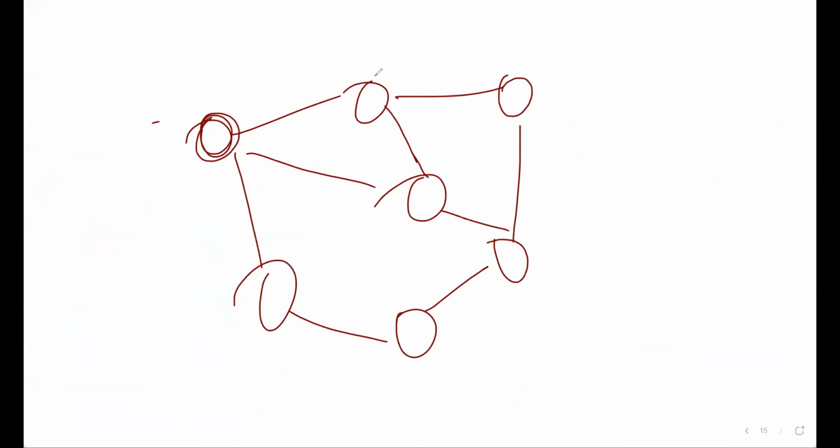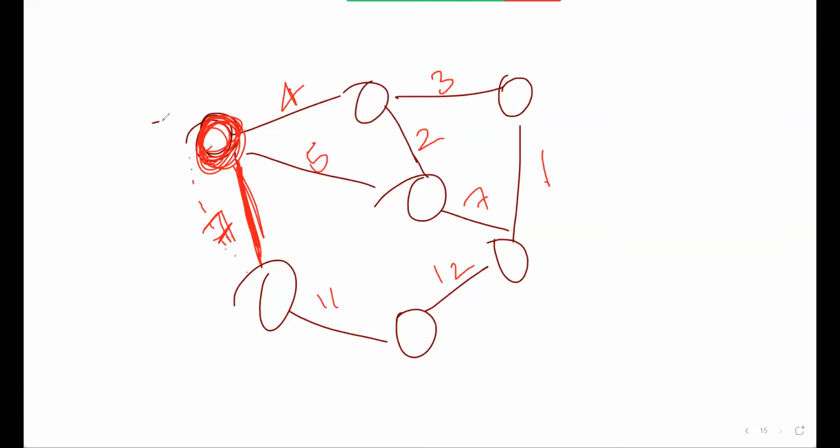Now what is the task given to you? From your hotel, you need to go to some places to get some beauty points. And each road has some time limit. Like it takes 7 minutes, 5 minutes, 4 minutes, 3 minutes, 2 minutes, 1, 7, 11, 12. So every road has some minutes.